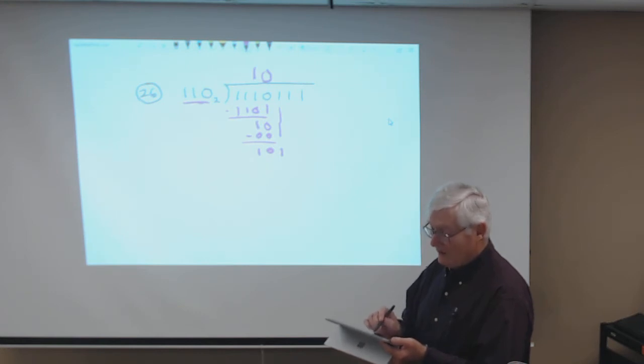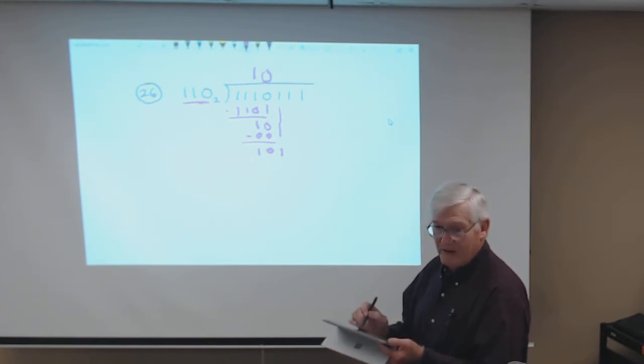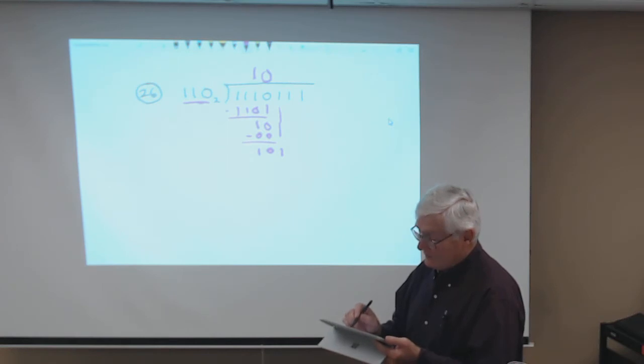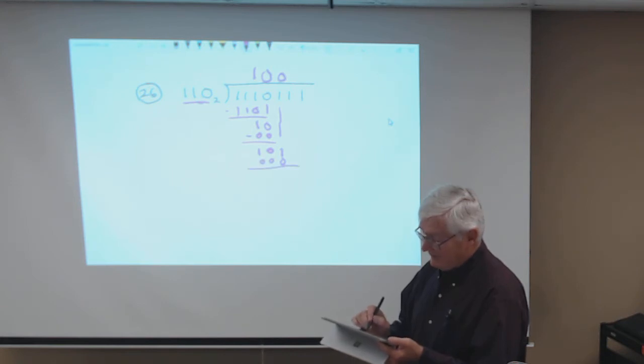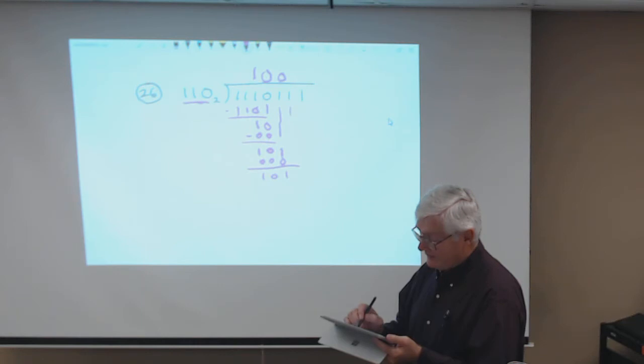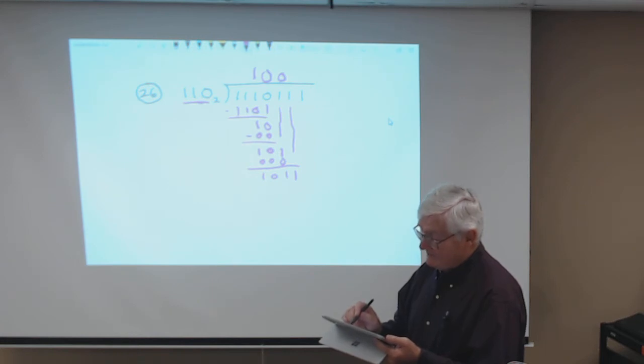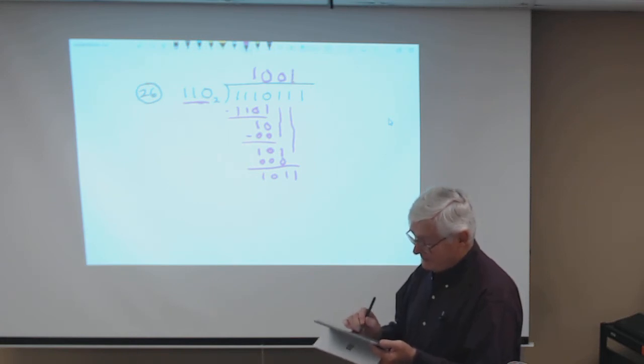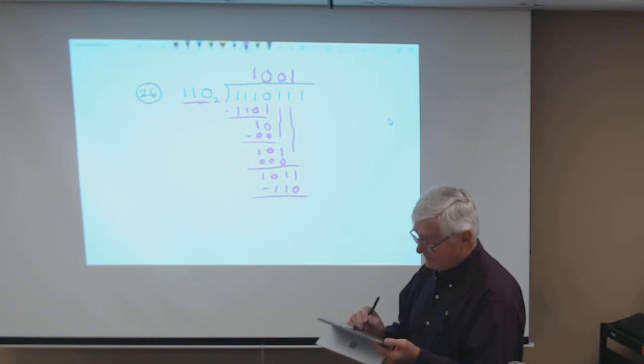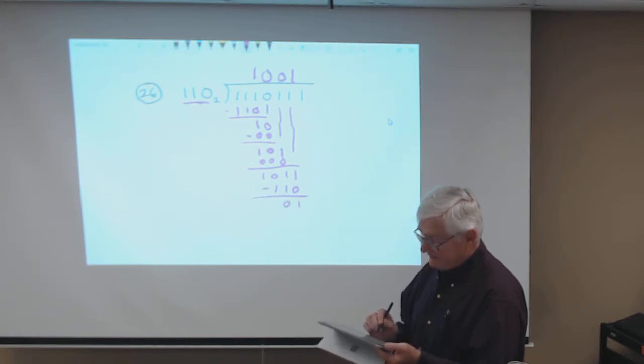Can I do 1, 1, 0 into 1, 0, 1? No, so I put down another 0 and put 0, 0, 0, and I have 1, 0, 1, and I bring down another 1. Can I subtract this from this? So I put 1 and put this down here. Subtract 1, 0, and what is this?